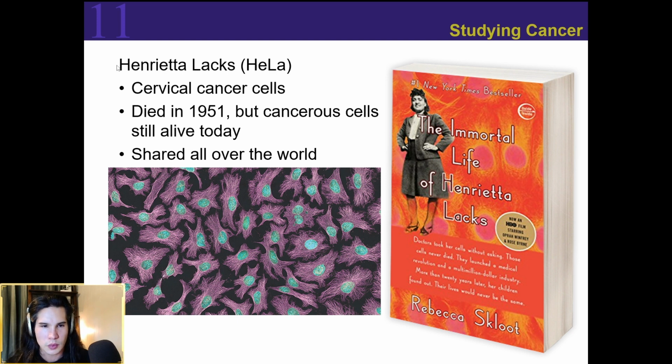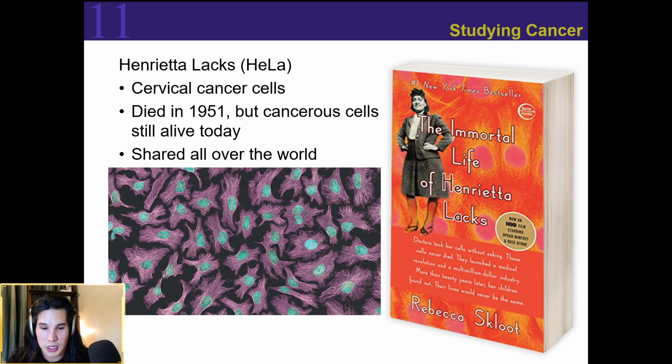Okay, so speaking about cancer, let's talk about Henrietta Lacks. She was a patient of the Johns Hopkins Hospital back in the 50s for cervical cancer. She actually became famous because her cells were extracted and cultured, and then studied.